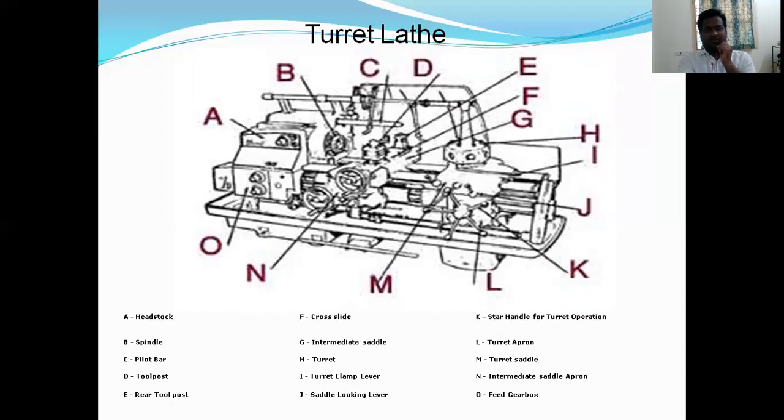So this is the turret lathe we have shown in this figure. A is the headstock, B spindle, C pilot bar, D tool post, E rear tool post, F cross slide, G intermediate saddle, H turret, I turret clamp lever, J saddle locking lever, K star handle for turret operation, L turret apron, M turret saddle, N intermediate saddle apron, and O feed trip.